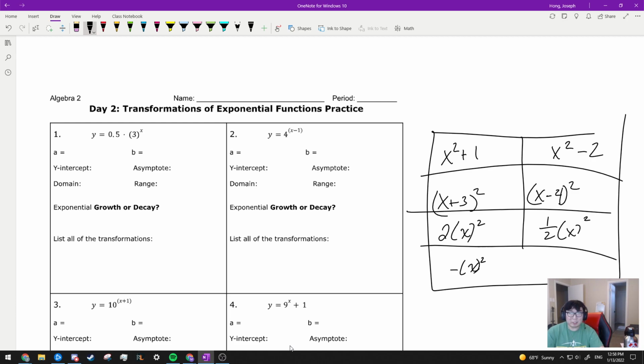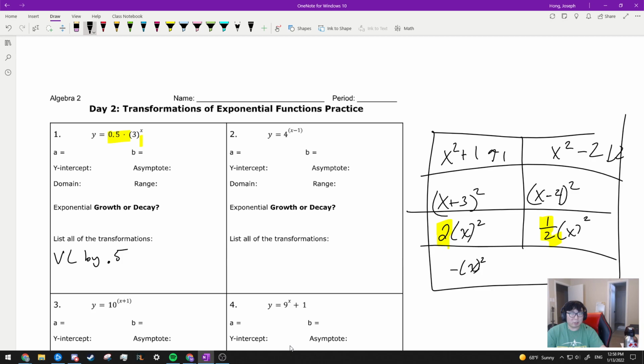What happens here is that we talk about transformations. This will be up one, this will be down two. The same thing applies here. Think of this 0.5 as the same as multiplying on the outside. So for example, this is going to be a vertical compression by 0.5.